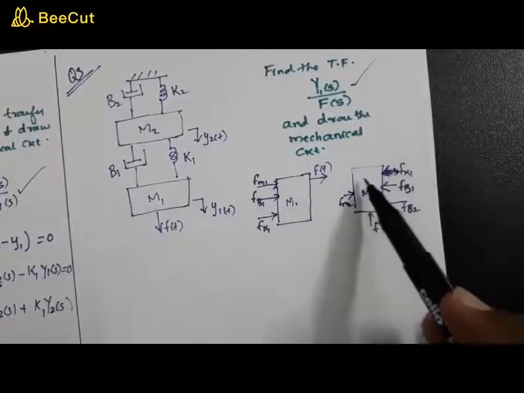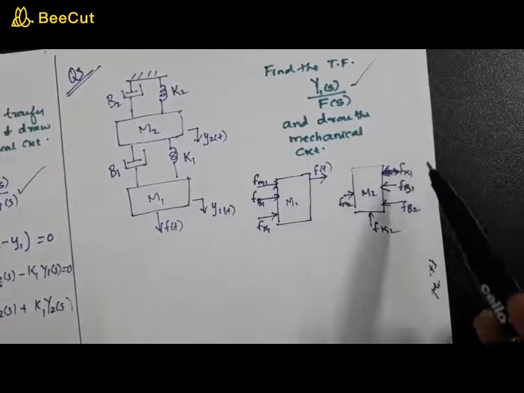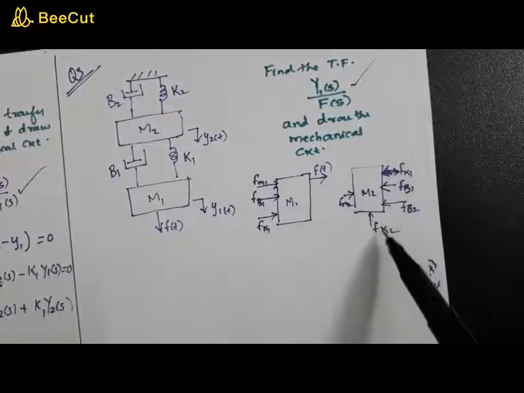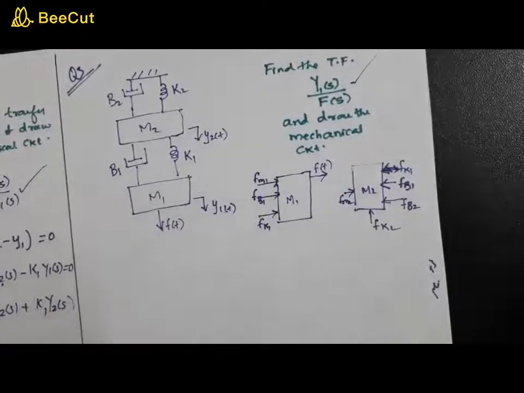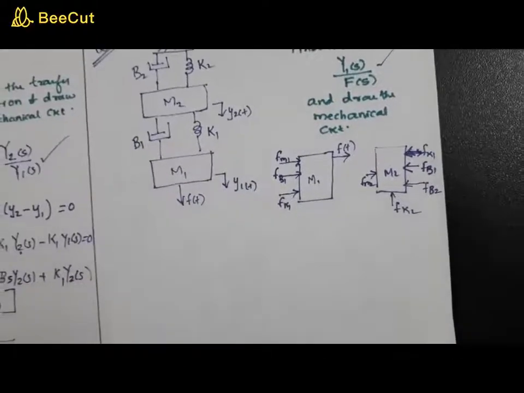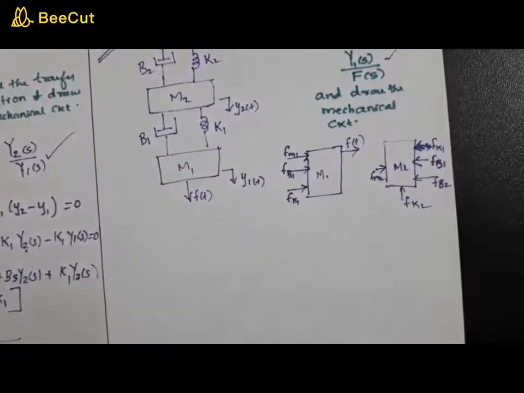That means the sum of all these forces is equal to 0. How many forces are there? 1, 2, 3, 4 and 5 forces. And the sum of those 5 forces is equal to 0. So this is the thread of finding the equations corresponding to this system. Now let's see how to frame the equations.